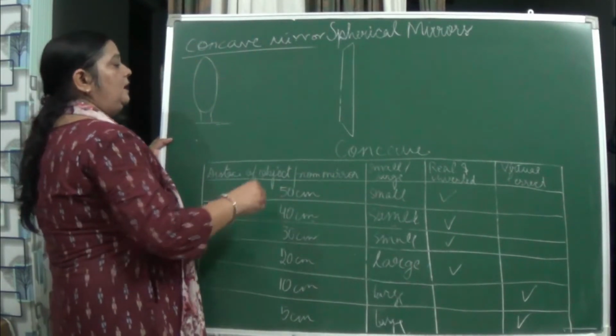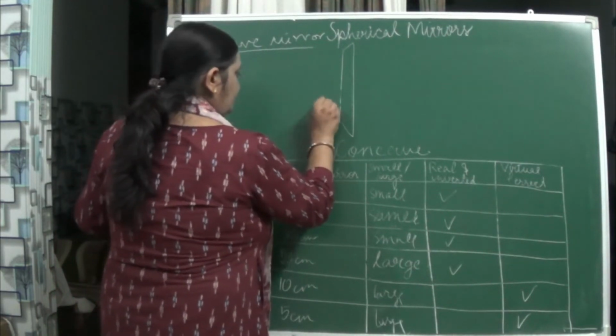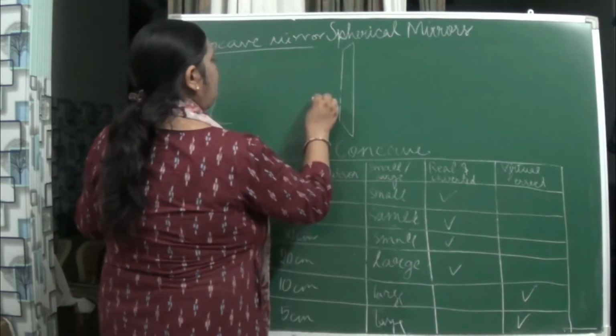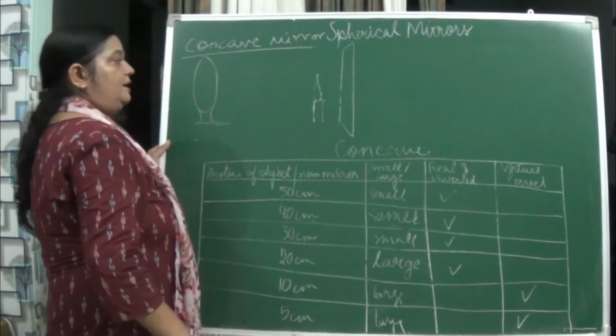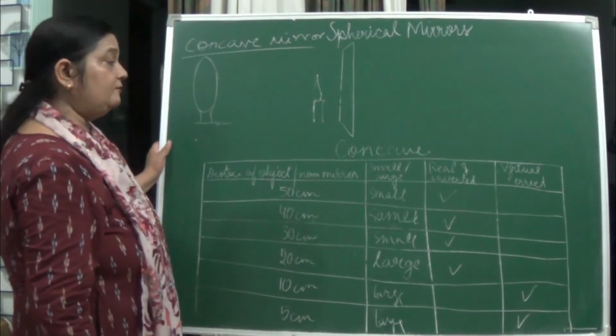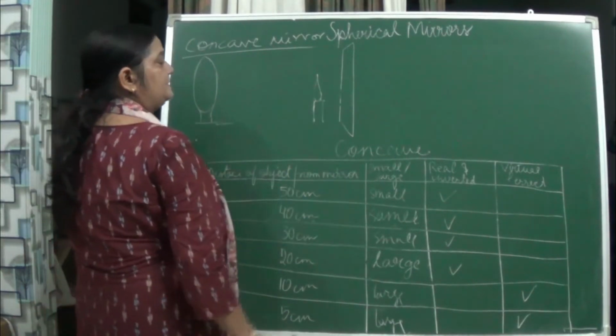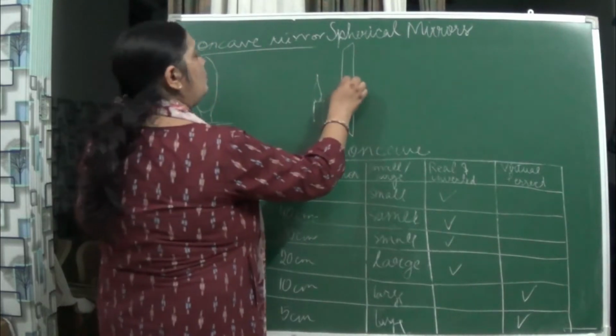Suppose this candle is at 50 centimeter from this concave mirror. Now we will get a real and inverted image of this flame. You can see that it is real and inverted, but it will be a smaller one.